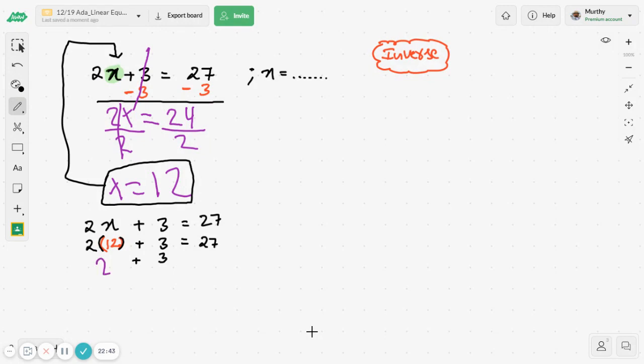Okay, so 24 plus 3 equals 27. Always please check whether your left hand side values are matching with your right hand side values or not. If they are matching, yes, your answer is absolutely correct. They are matching, right?